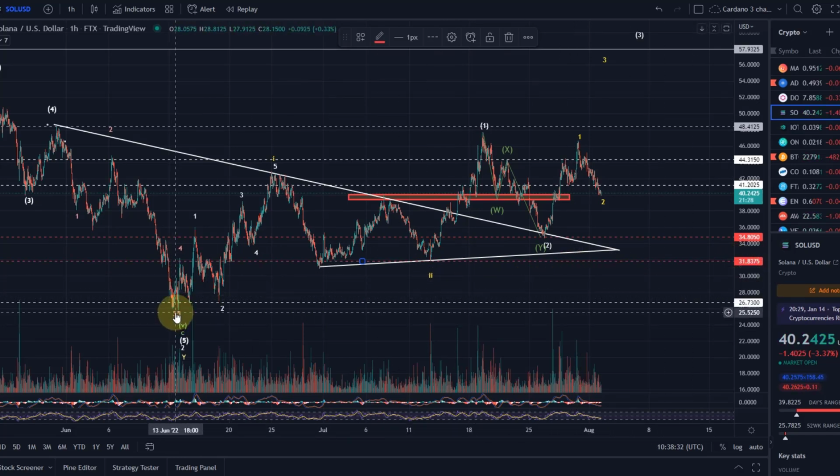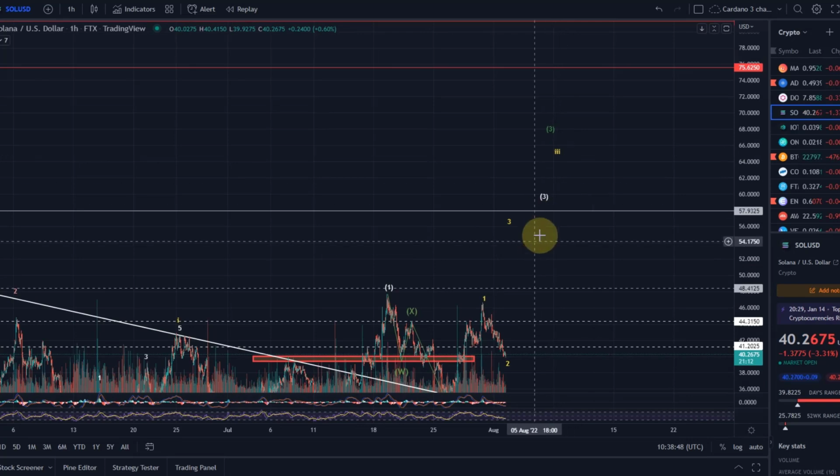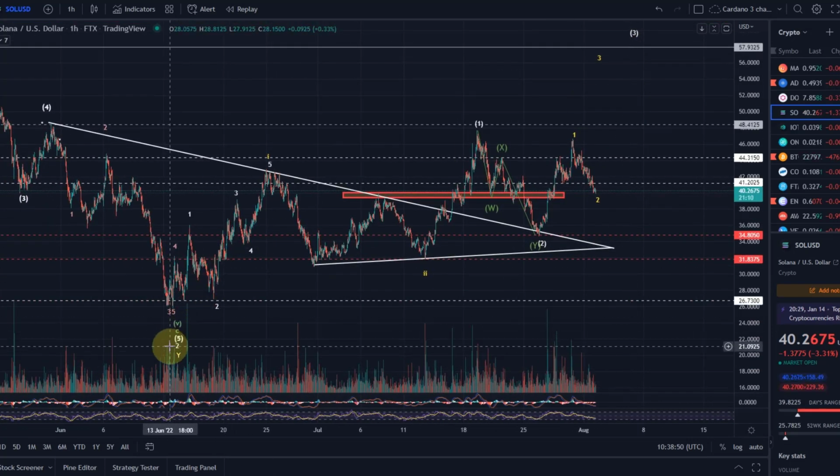So from the low at just below $26, we can count an impulse. A wave 1 to the upside into the trend direction, which means the trend might have shifted to the upside. We then came down in a wave 2, and we are now in this wave 3 that belongs to the same wave degree as this wave 1 and wave 2.